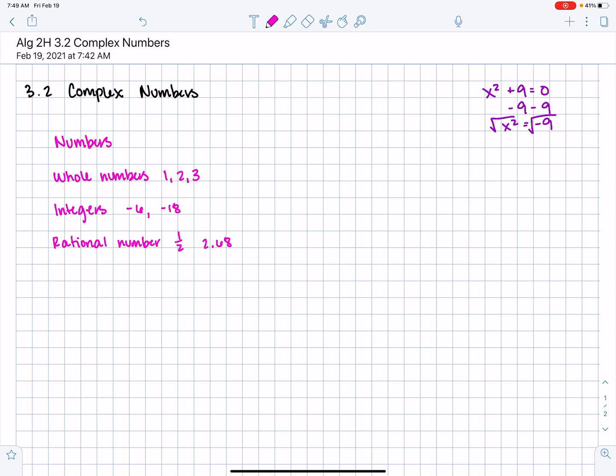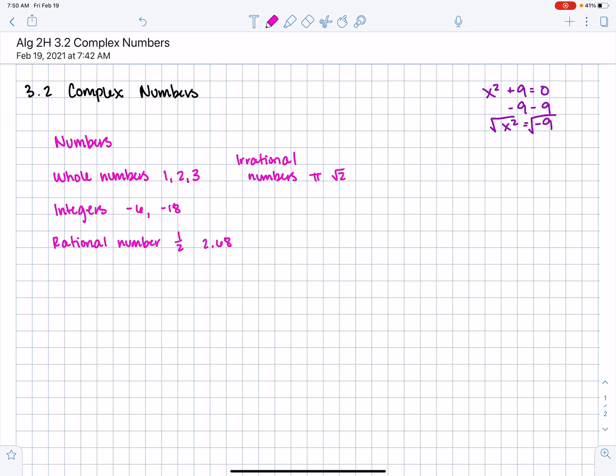And then there are also numbers that are irrational, things like pi and the square root of 2. They go on and don't exactly have an ending point. They exist in our world, but they might be a little confusing.